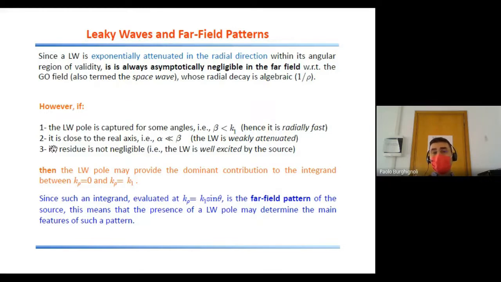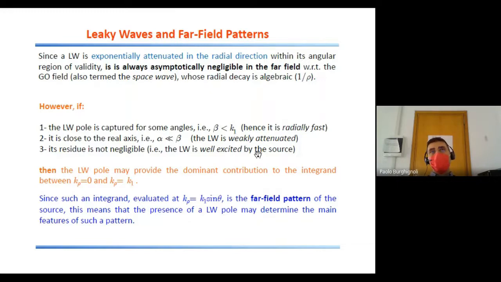And furthermore, if the relevant residue is not negligible, which means that your source couples to the wave, that is, it injects power into that kind of wave, and in other terms, the leaky wave is well excited by the source, then the leaky wave pole may still provide the dominant contribution to the integrand.